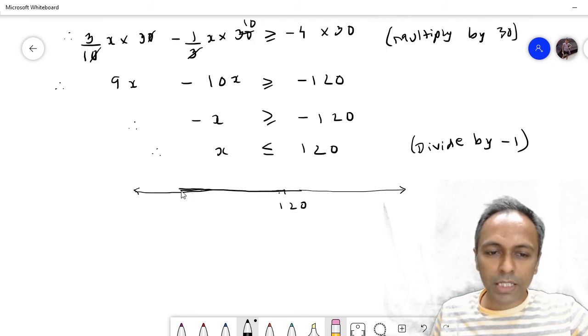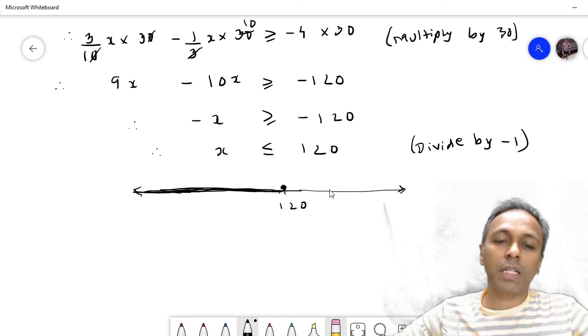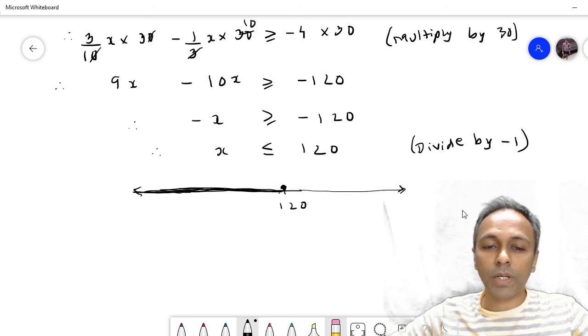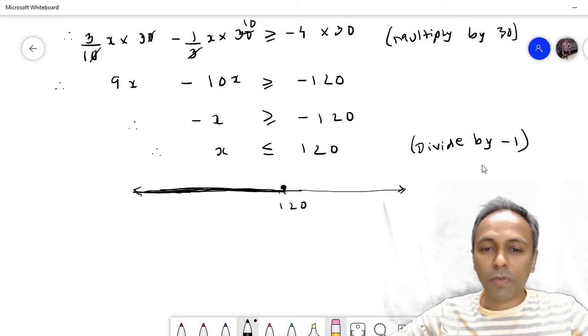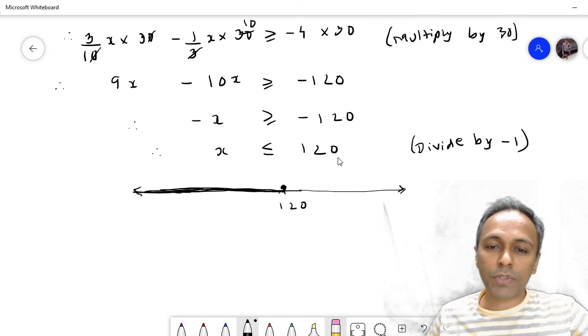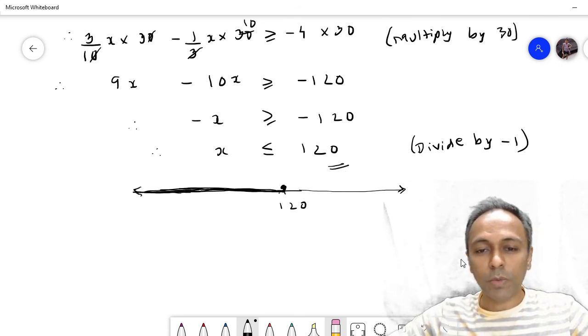So the region that has to be highlighted is on the left side of 120, beginning from 120, and no doubt 120 will be highlighted. It will be a filled circle, as 120 is also to be included. In this question they have asked only to solve for x, so ideally we should have stopped here. We have made the number line though for both the problems.